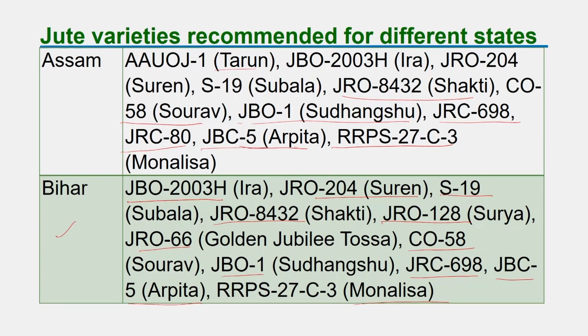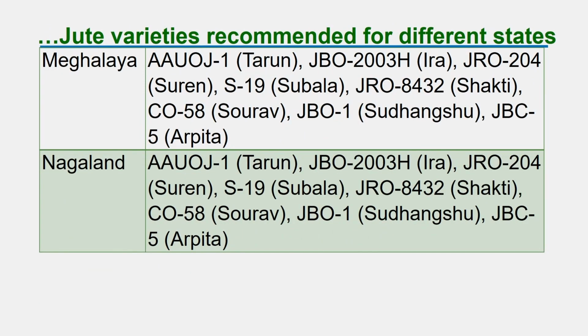So these varieties are recommended for Bihar. And for Meghalaya, you can see AAUOJ1 Tarun, JBO 2003H Ira, JRO 204 S19 Subala, JRO 8432 Shakti, and CO58 Saurabh, JBO 1 Sudhanshu, JBC 5 Arpita.